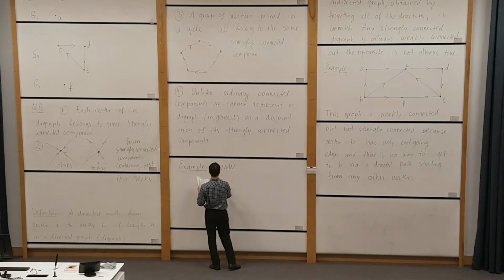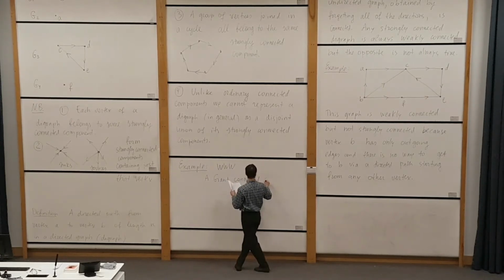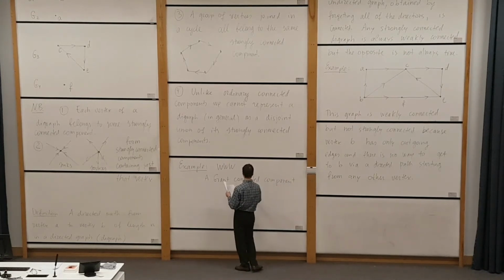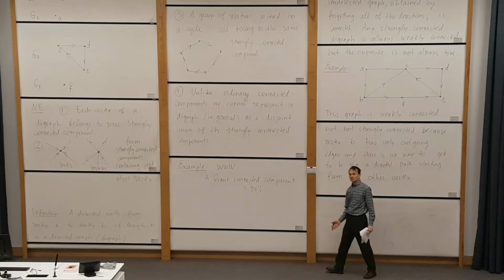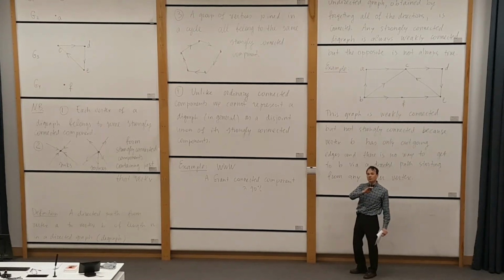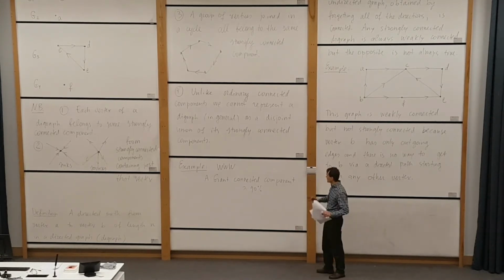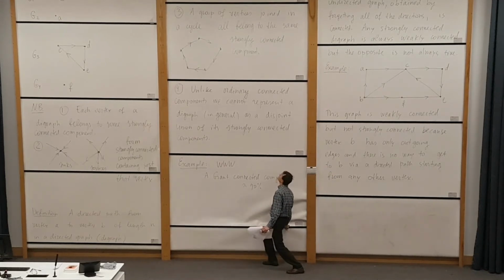So it has a giant connected component, about 90%. The rest, 10%, form very small fragmented connected components. So there's one giant one and lots of smaller ones.